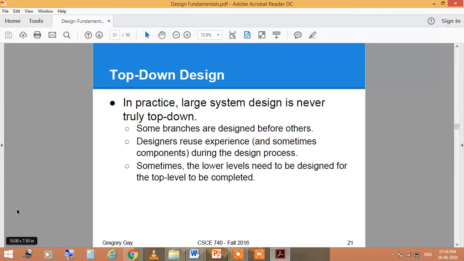In practice, large system design is never truly top down, and some branches are designed before others, and designers use experience during the design process. Sometimes the lower level needs to be designed for the top level to be completed.